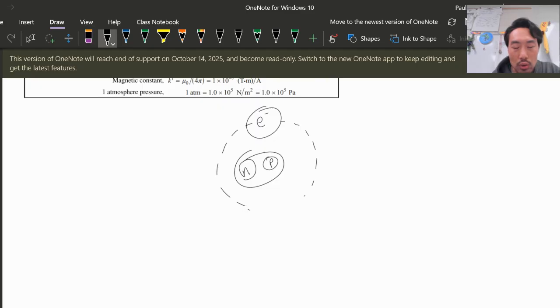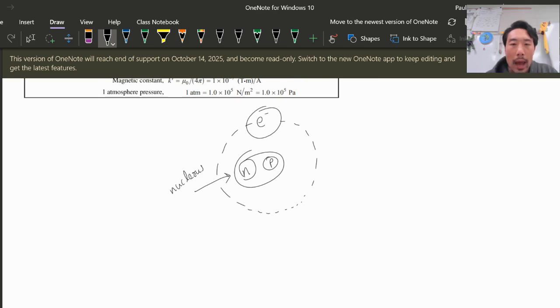You know that the neutron and the protons are way bigger than the electron, so that is definitely not to scale. But just to show you that inside the atom, we have the neutron and the proton, and outside is the electron. This inside part of the atom, we call the nucleus, and we often say that the electron is orbiting around the nucleus.